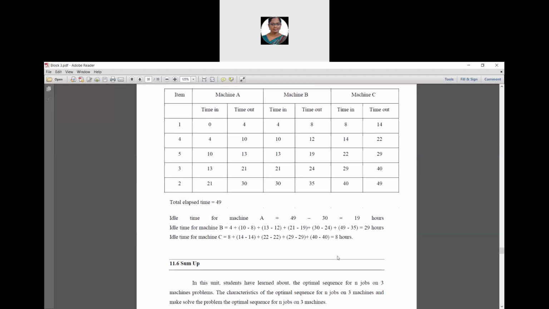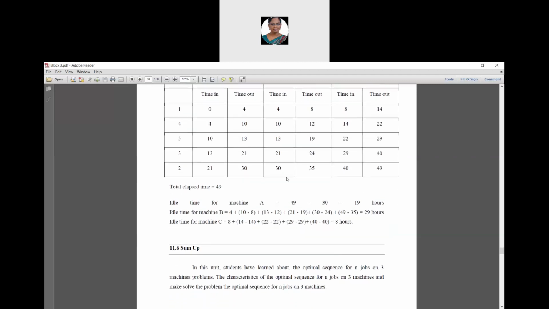Then the idle time for machine B is the first in value 4 plus the difference between 10 and 8, the difference between 13 and 12, plus the difference between 21 and 19, plus the difference between 30 and 24, and the difference between the total elapsed time 49 minus the final out value of machine B. So 49 minus 35, it is 29 hours.